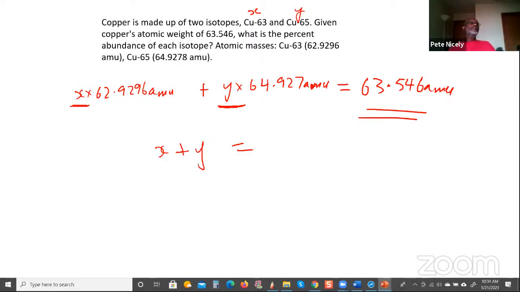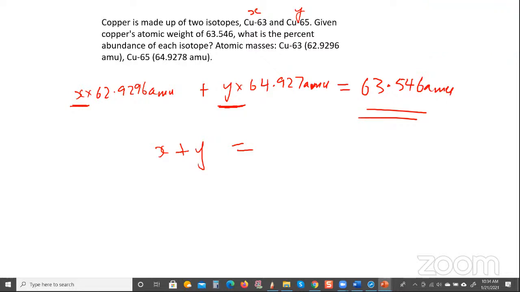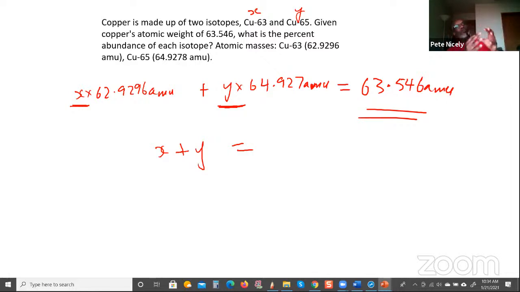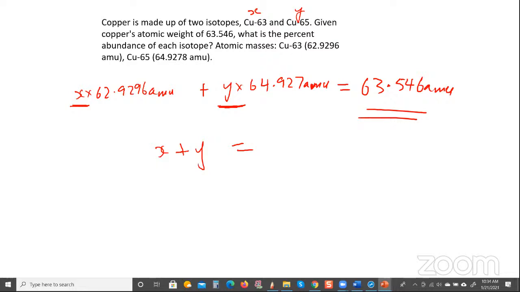If you have only two parts to one whole, what's the sum of their percentages? If you have two parts in one whole, when you add the individual percentages, what would be the sum? 100%?